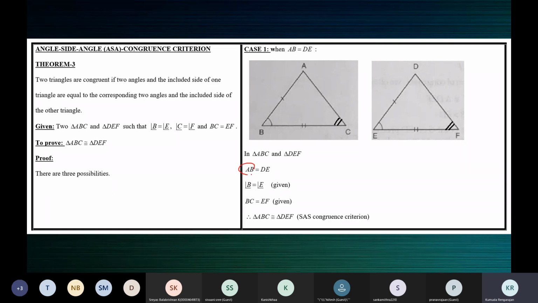DE and EF are the arms of angle E, that means E is the angle included by these two sides. You can check that here. This is AB, this is BC, and this is the included angle. This is DE, this is EF, the included angle.